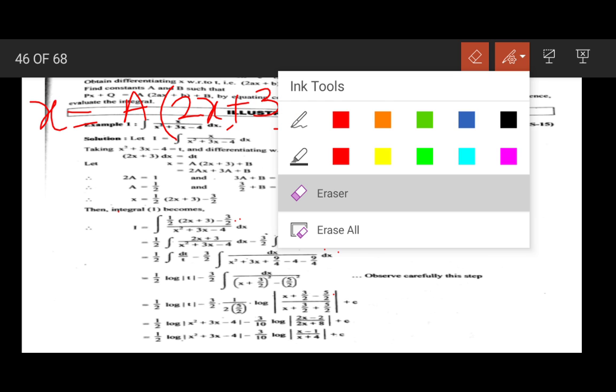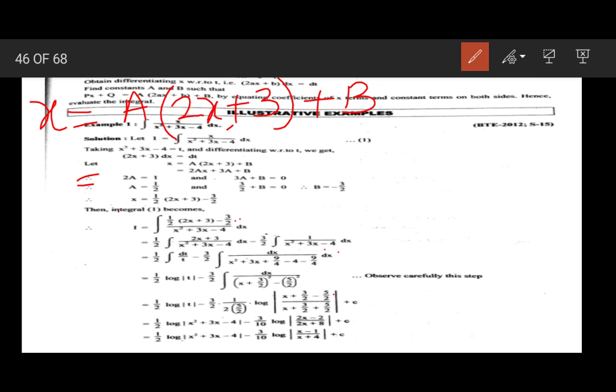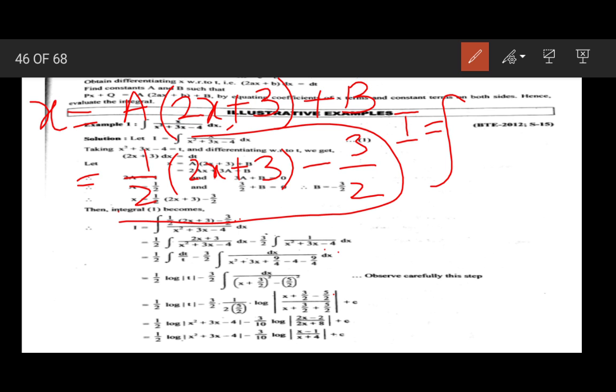Now I got a as 1 upon 2, so 1 upon 2 into (2x plus 3), and b I got as minus 3 upon 2. Now after getting this part, what I have to do? I have to write this integral. So my original numerator was x, but in place of x, I have to write this whole term.